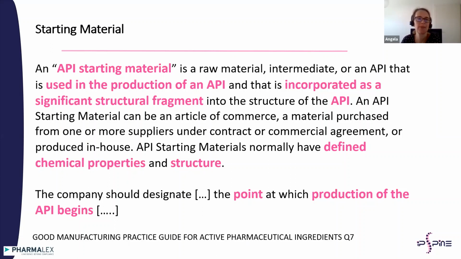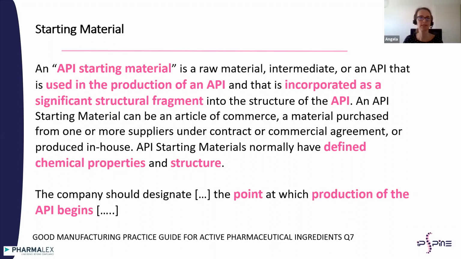It says that an API starting material is something used in the production of an API that is incorporated as a significant structural fragment in the later API. This is important, keep that in mind. It should have defined properties and so on and so forth. But a starting material is something that will later on be provided as part of the API.